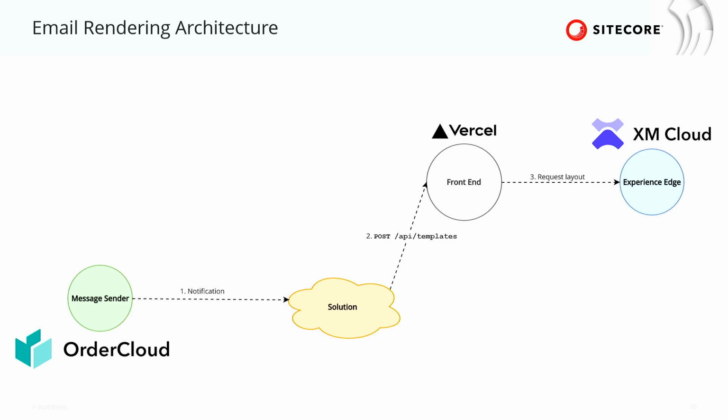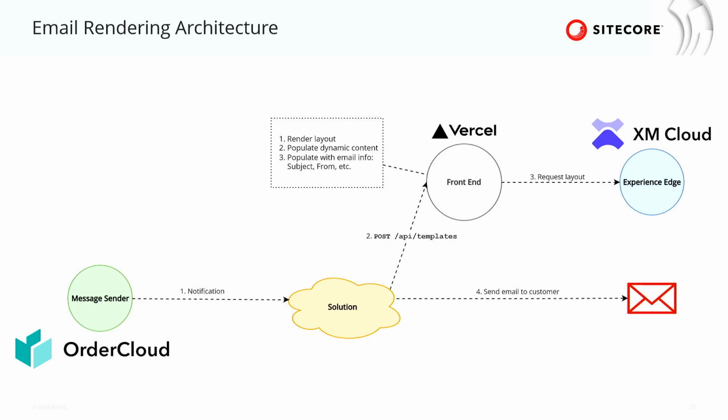The front end requests, as for any other page, some layout data to render the page. Also, it renders the layout, populates it with some dynamic content, replaces the tokens, and so on, and with some metadata as well. And then we send the mail to a customer using SMTP.